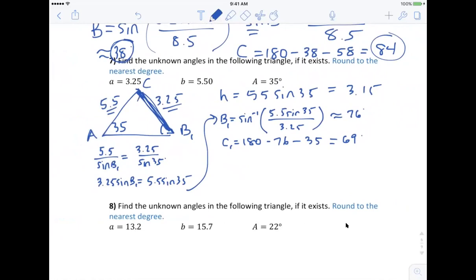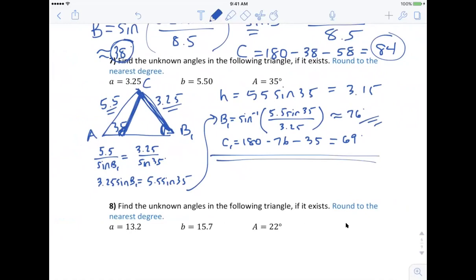It could go this way, in which B would be an obtuse angle. The way to figure that out, if you know that the acute is 76, to get the obtuse, you just subtract that from 180, right? So geometrically, this angle right here would be 180 minus that one.